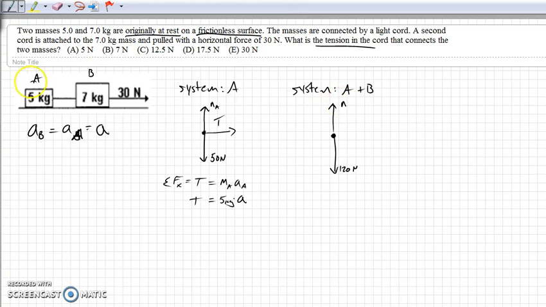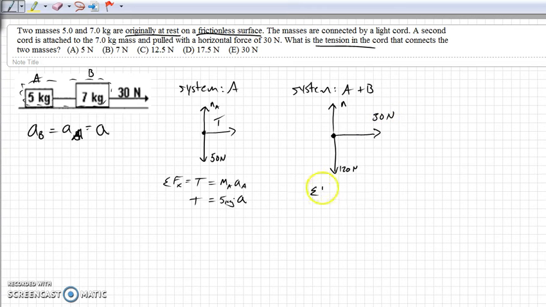Now, on this system here of these two objects, if it's frictionless, then the only horizontal force experienced is this 30 newton force from something that is outside the system. So this 30 newton force is the only horizontal force.